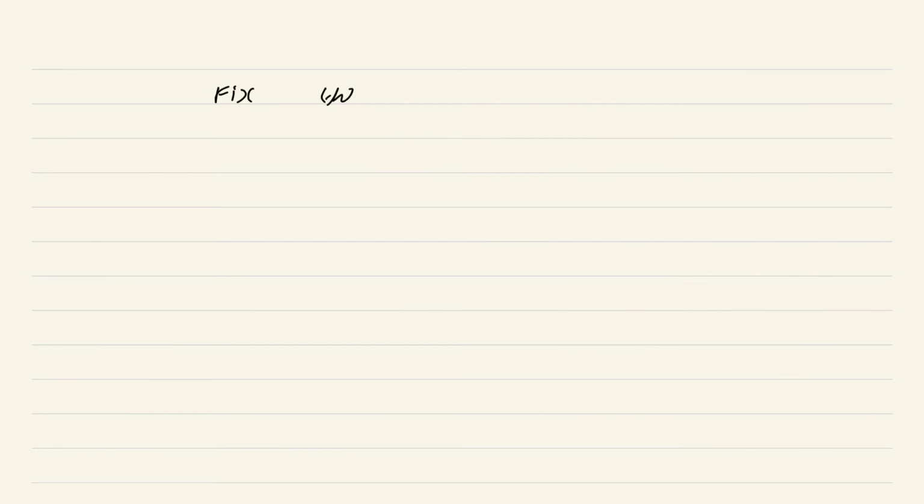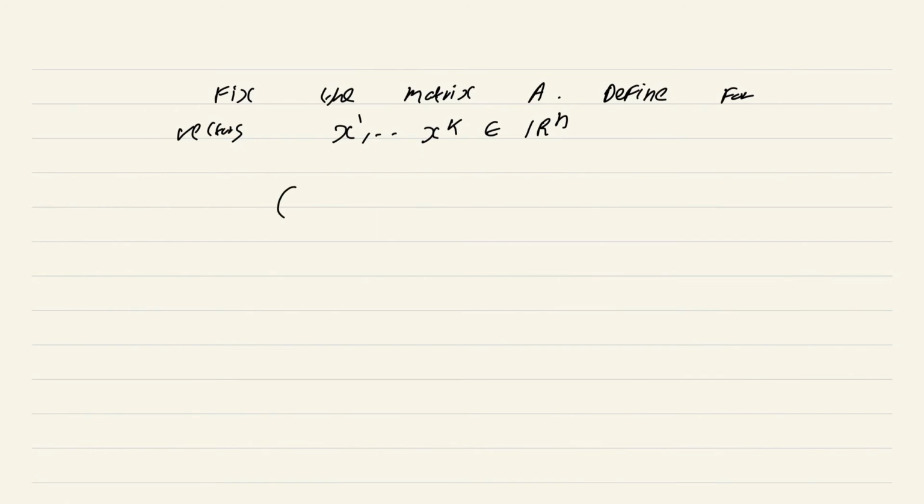Fix the matrix A. Remember, A was a k cross n matrix, and define for vectors x1 to xk in Rn the map that takes the tuple of these vectors, let me put it as ordered tuples and put a power k here.